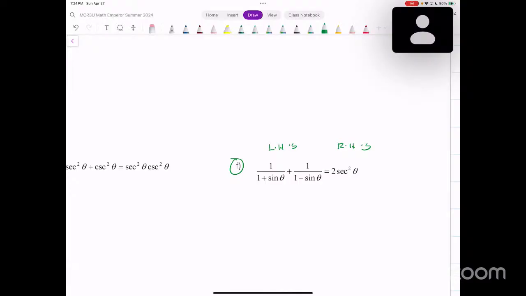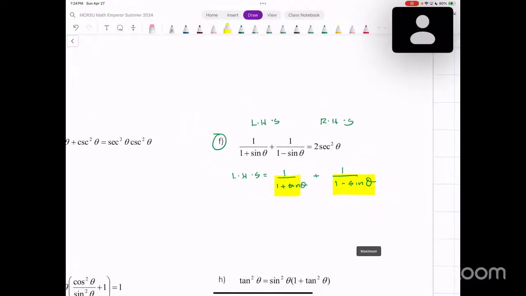Take the left side, find the least common multiple for those denominators, because you should know how to do that. You got 1 plus sine theta, 1 minus sine theta, isn't it? Least common multiple, in this case, is the product of those two, right? So can you guys simplify the fraction? And then you will see the answer coming in front of you.